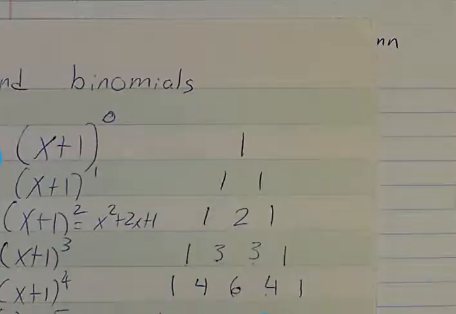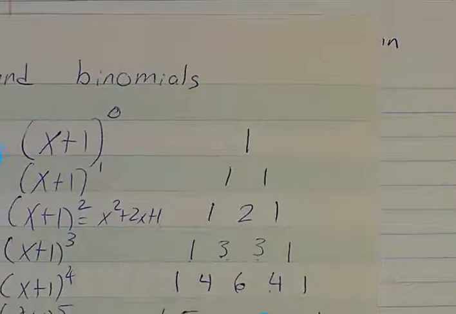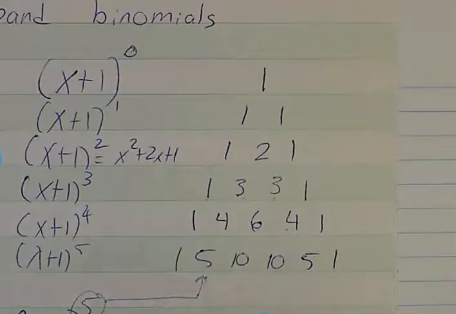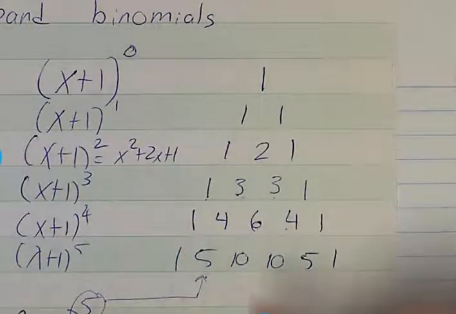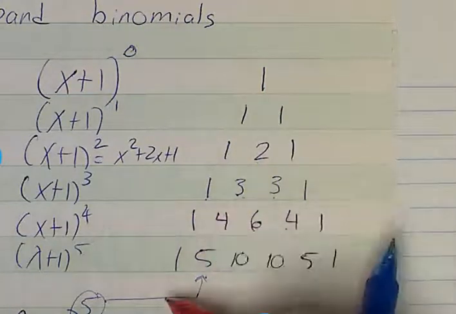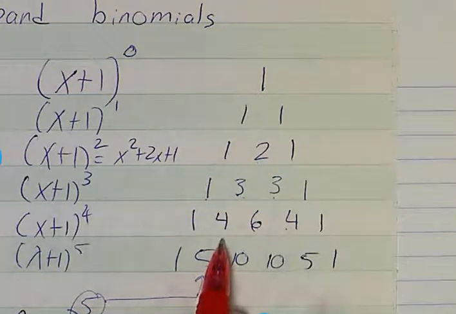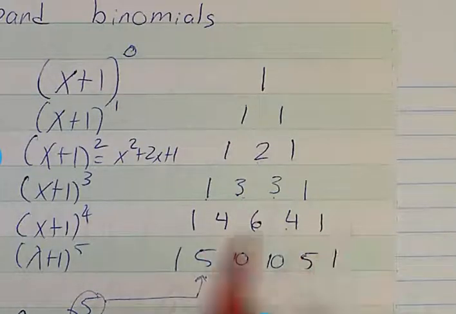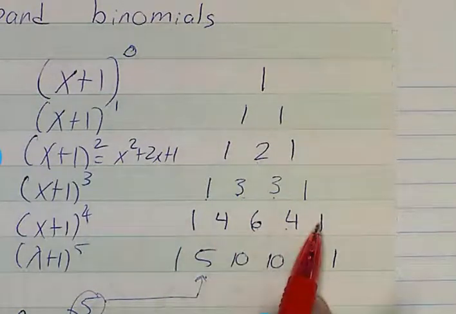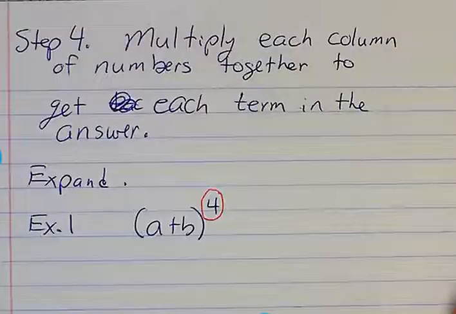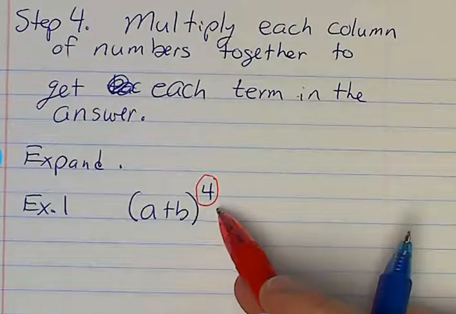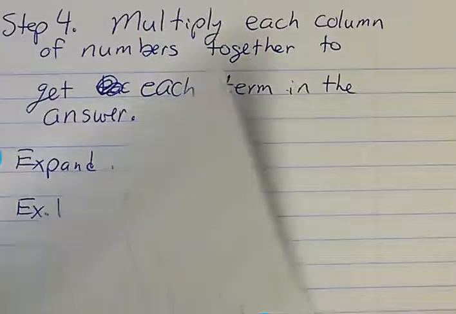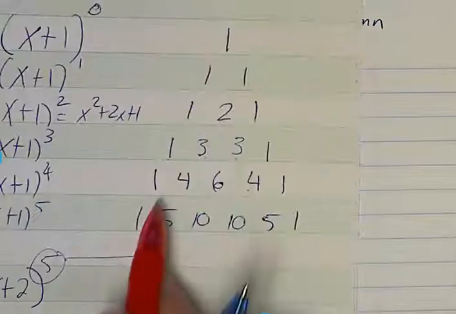If this is our set of numbers for Pascal's triangle, 1 doesn't count because the first number in every row is a 1. So 4 would be the next number past the one that's here. So for this one, we're going to use the row that's got 1, 4, 6, 4, 1. Whatever the power is, that needs to be the first number besides 1 in the row.